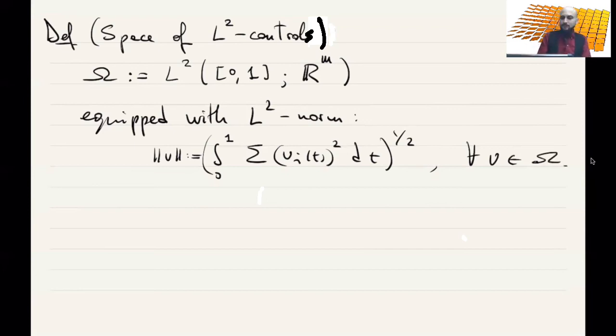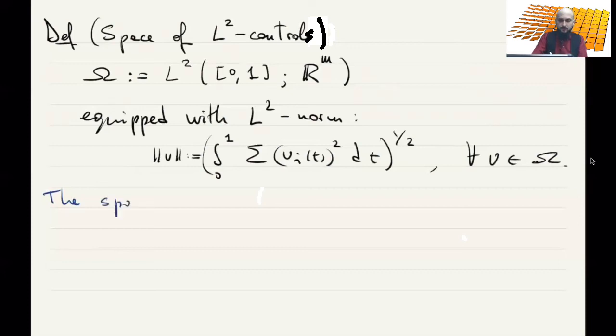Now, we will see this as the derivative of curves for which we have the property that the derivative is in L2, okay? But I want to clarify that actually this is a one-to-one correspondence, okay? So let me first write a sentence.